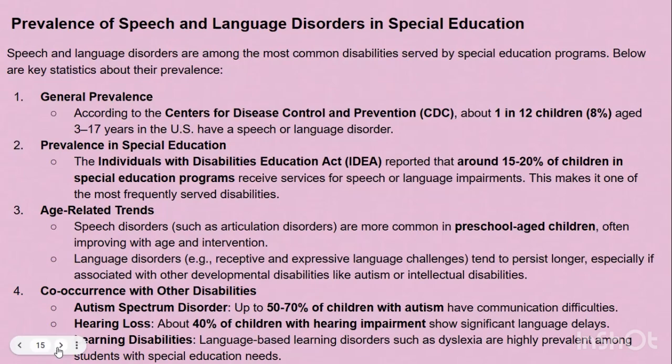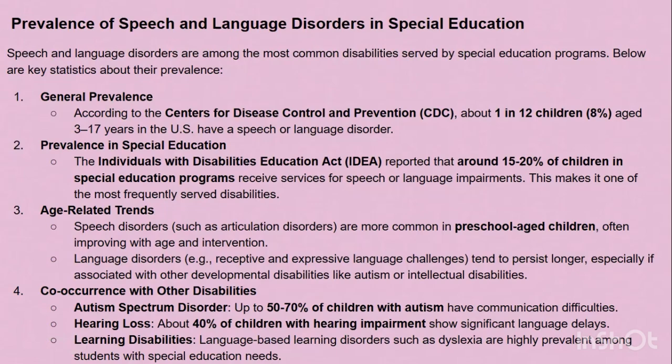Third, age-related trends. Speech disorders such as articulation disorder are more common in preschool-age children, often improving with age and intervention. Language disorders, for example receptive and expressive language challenges, tend to persist longer, especially if associated with other developmental disabilities like autism or intellectual disabilities.